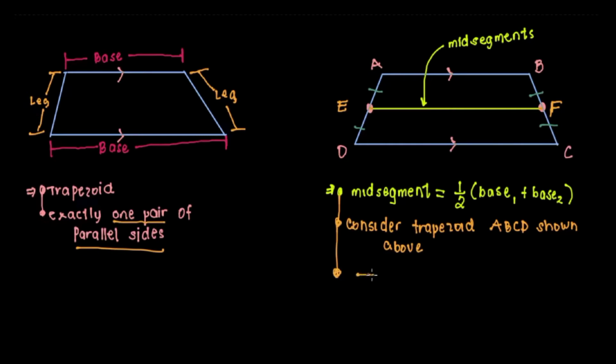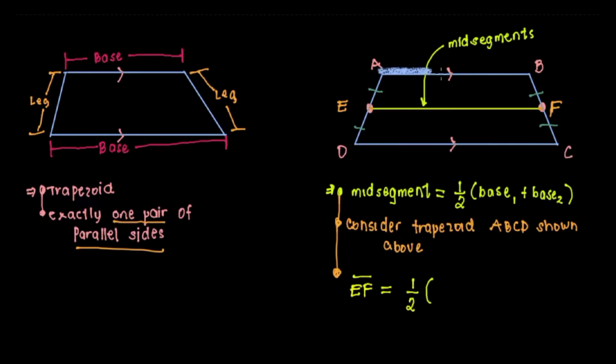Ang sabi, segment EF or the mid-segment EF is equal to, so we will use the formula 1/2 times, gamitin natin ng mga pangalan ng ating trapezoid.